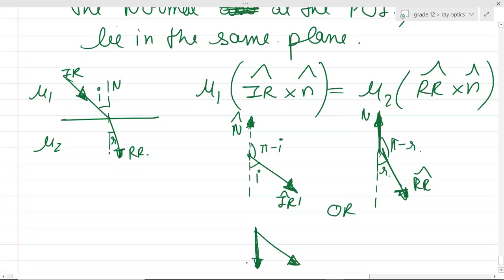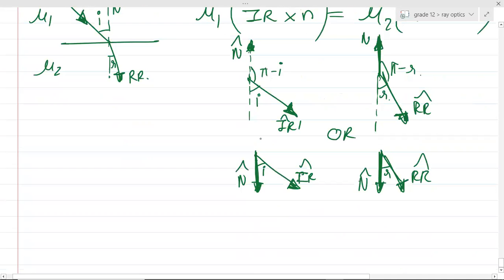It's all up to you. Because sine of I and sine of pi minus I, is it one and the same thing? Yes or no? Yes. And sine of r and sine of 180 minus r is also the same thing. So generally people take this, but it's up to you.